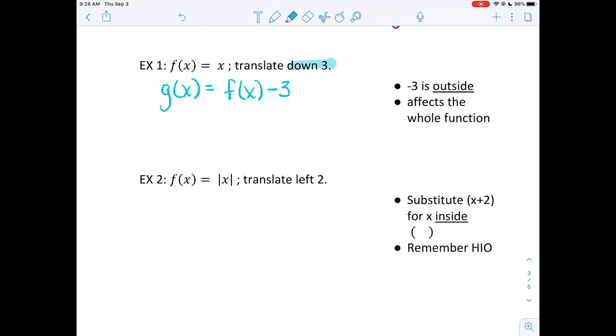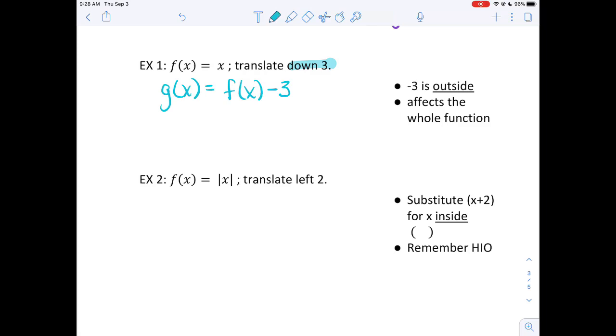Notice that the -3 is outside of the function. It is not inside the function with x. It's outside. It's tacked onto the end. And remember that vertical transformations affect the whole function.